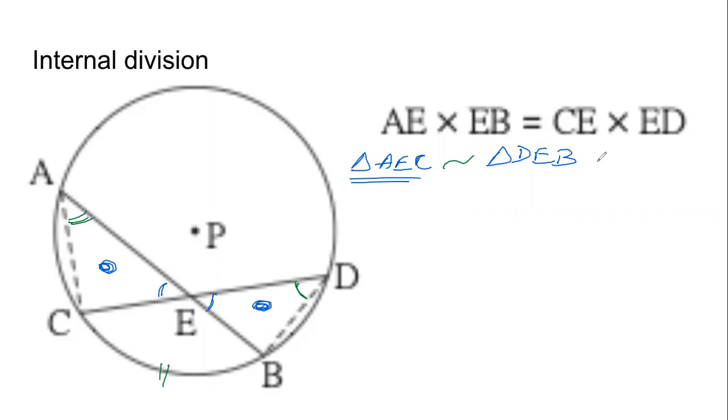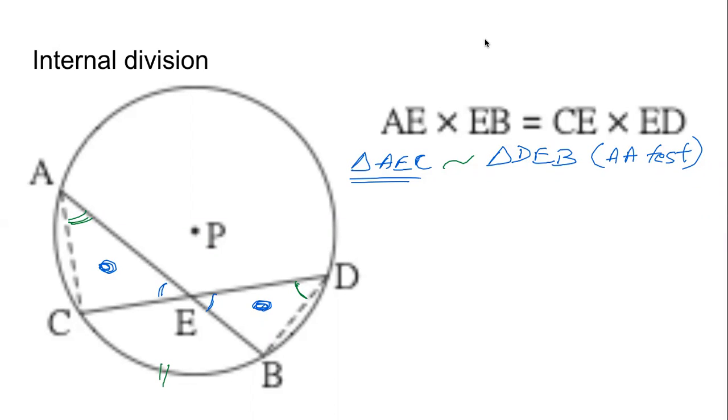Two angles of one triangle are congruent to two angles of another triangle, so they are similar. AA test. Correct, Karim. Now, because those two triangles are similar, correct, Chandra? The sides will be proportional.